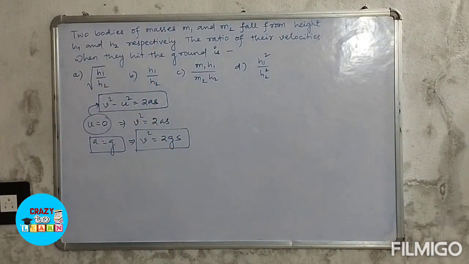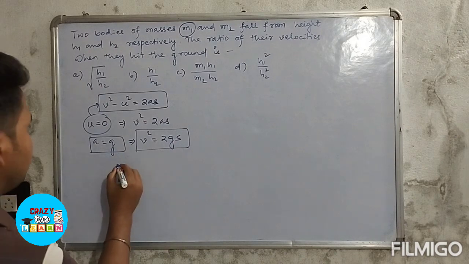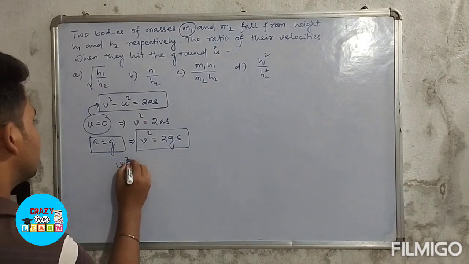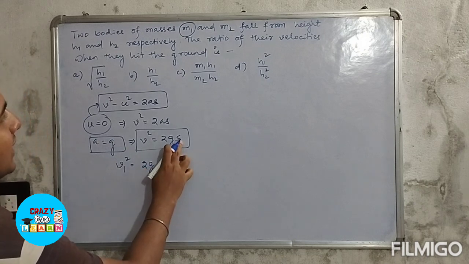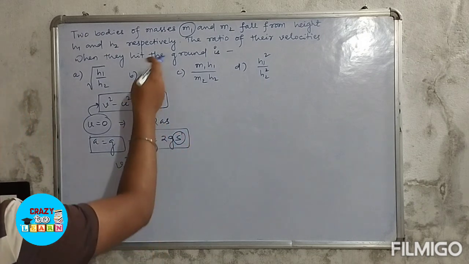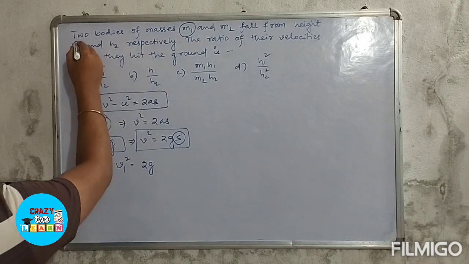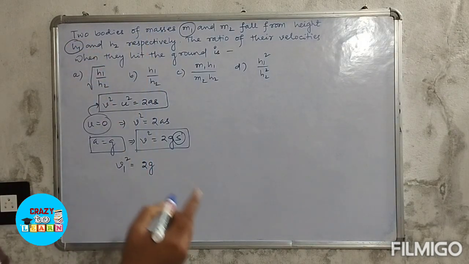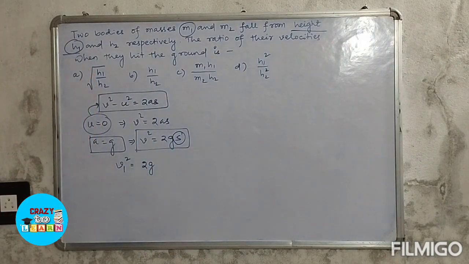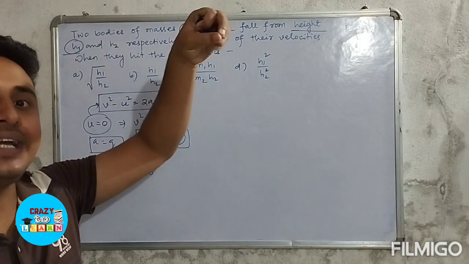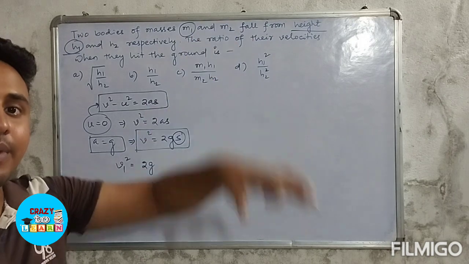For the first object m1, the velocity v1 square is equal to 2g s, where s is the displacement, and for the first object the displacement is equal to the height h1, since the first object is dropped from height h1.